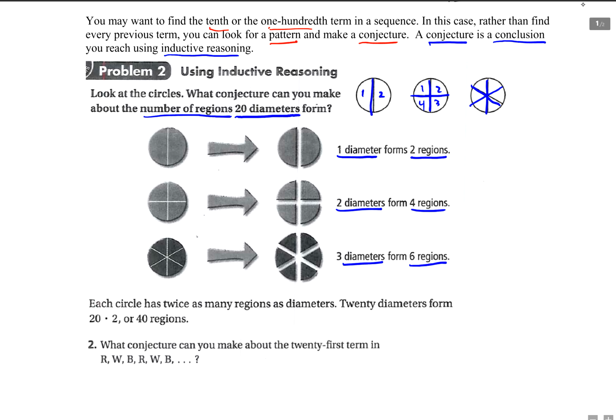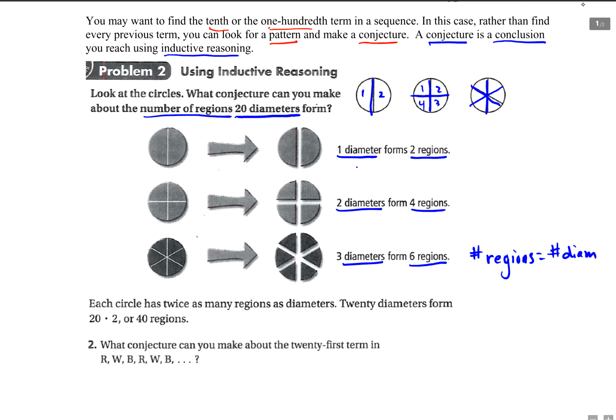Right? So we want to make a conjecture that relates the number of regions equals something to do with the number of diameters. So if we notice here, 1 diameter is 2 regions. 2 is 4, 3 is 6.